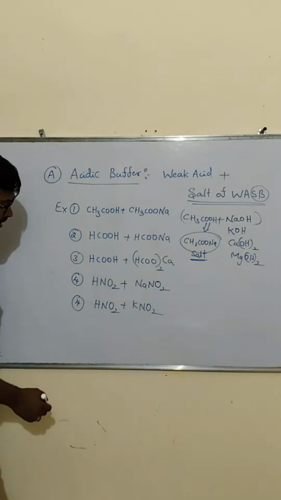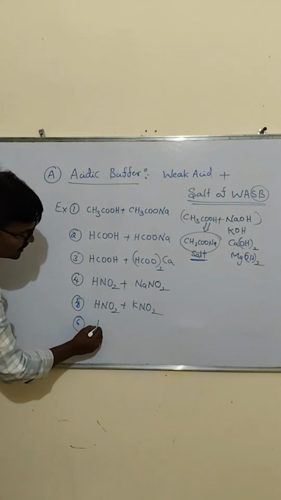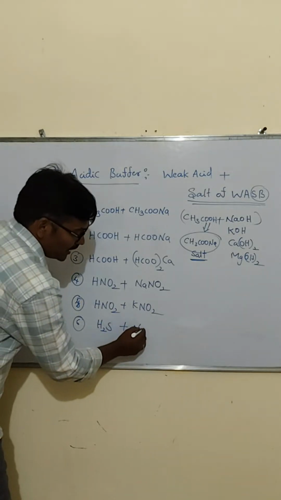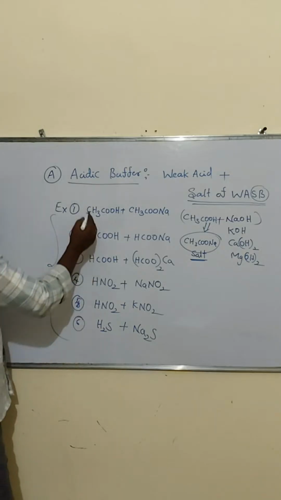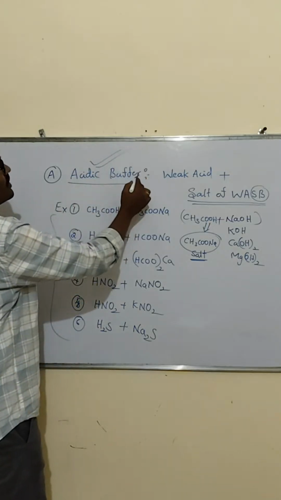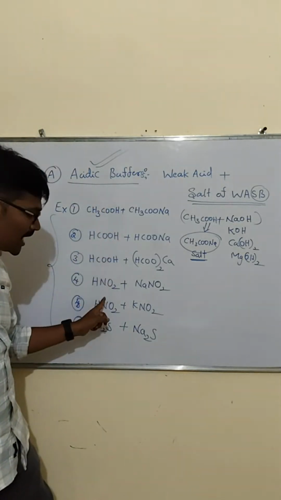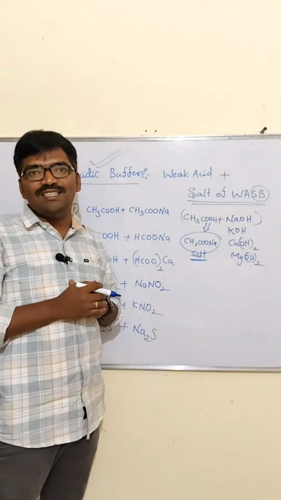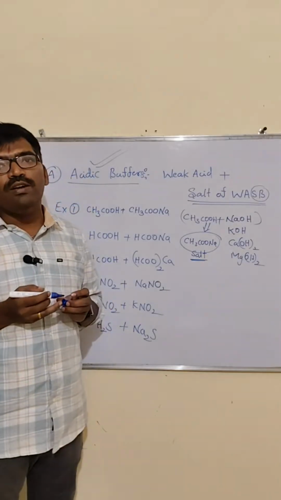Then H2S, a weak acid, plus Na2S. All these are acidic buffers. Acidic buffer is a weak acid plus its salt of a strong base. That is called acidic buffer.